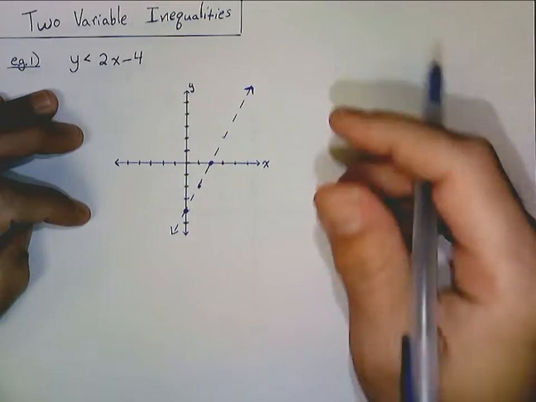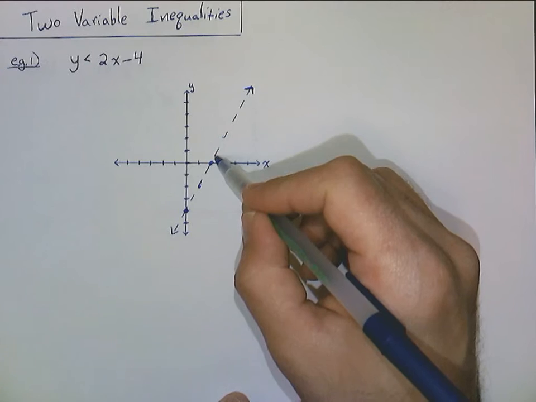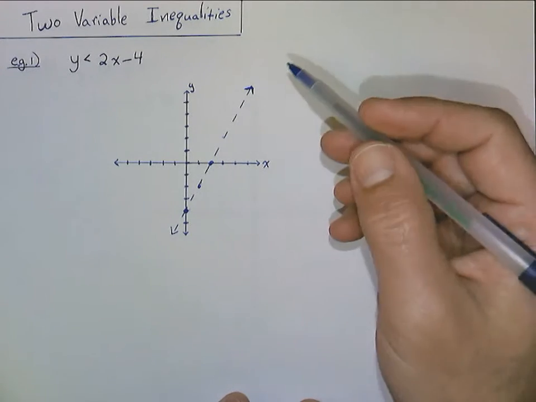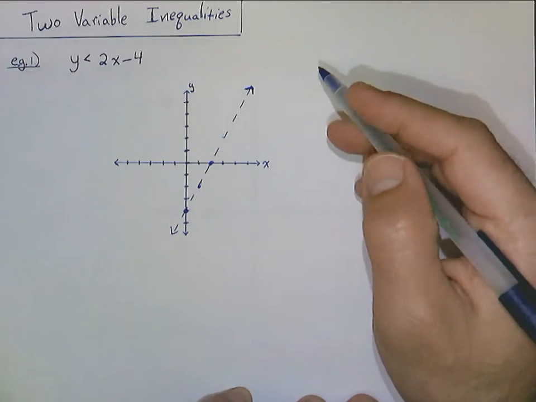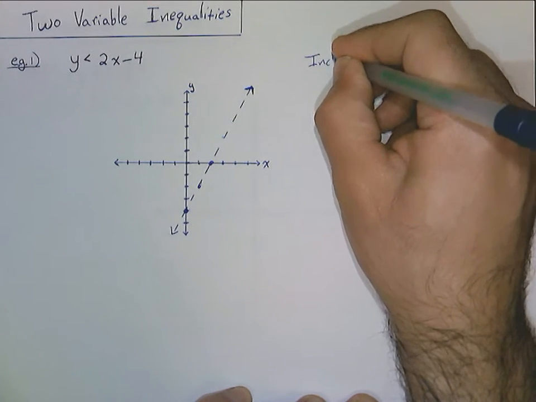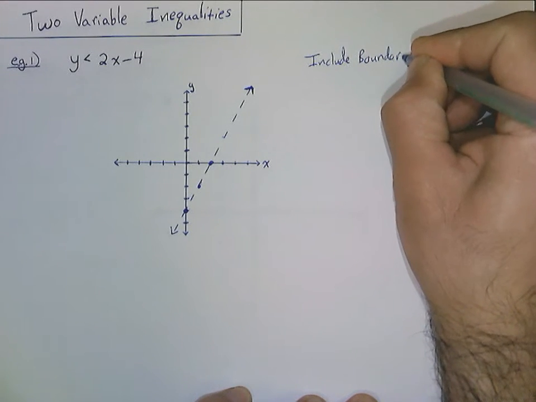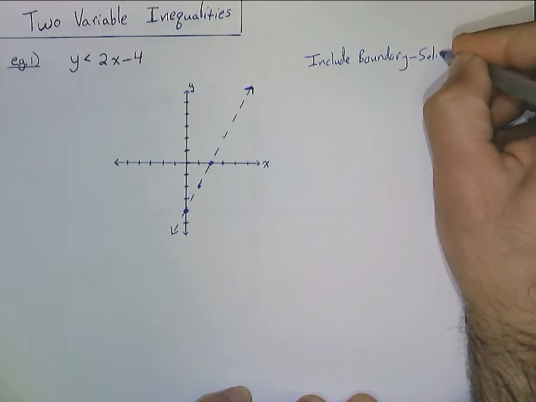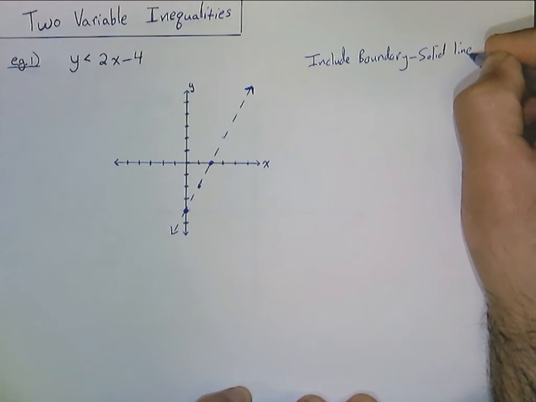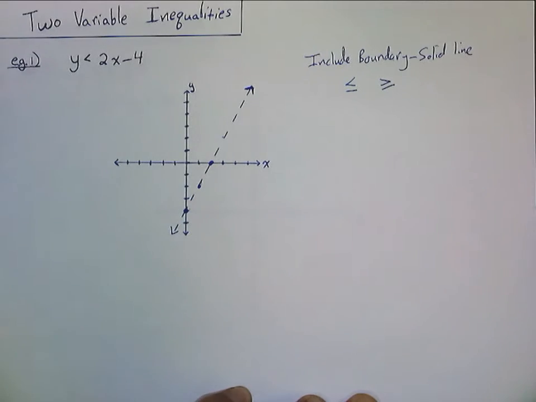Okay, so there's a line where equality happens. I show that I don't want those points by using a dotted line. It's just like using an open circle in the one variable case. So if we include the boundary, we use a solid line, and that is for things like less than or equal to or greater than or equal to.